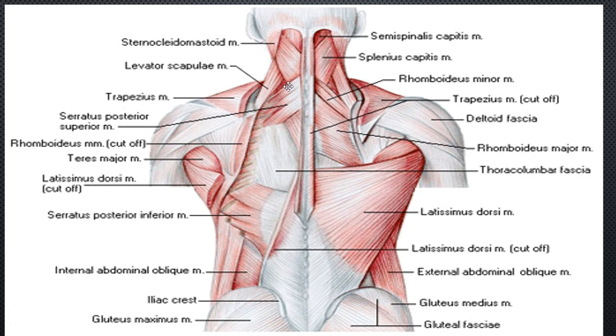Here is the levator scapulae muscle. Semispinalis capitis here. Thoracolumbar fascia. Serratus posterior inferior and serratus posterior superior.